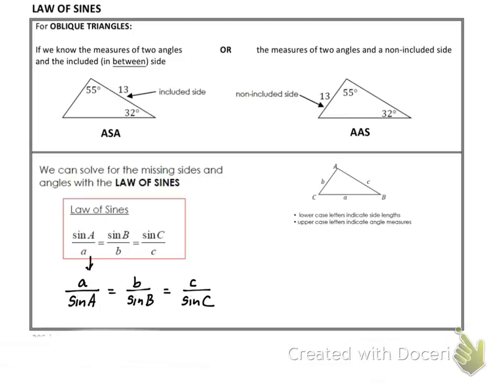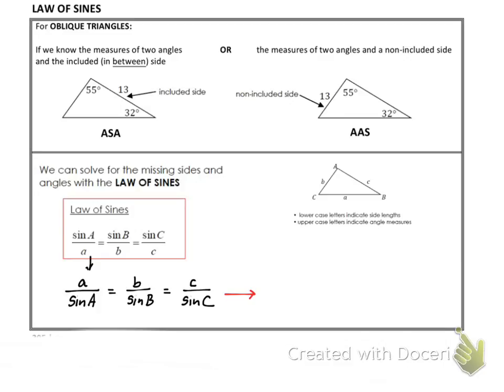Now I'm going to put a note on this, when we're going to use which one. So I'm going to use this one when I'm looking for a side. So if I want to find a side, I'm going to put my sides on top. So that's kind of how I remember it.